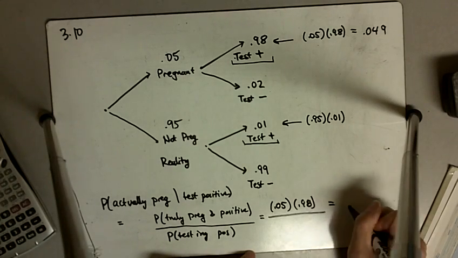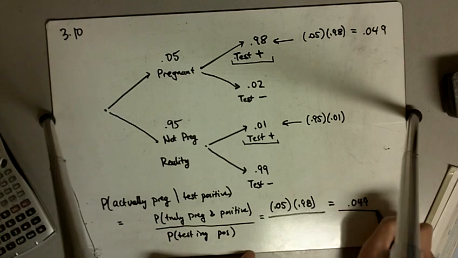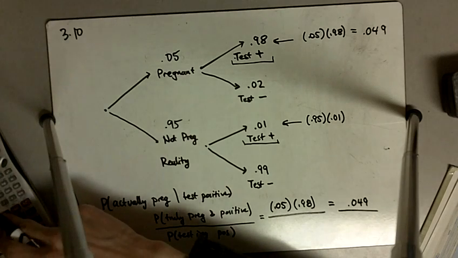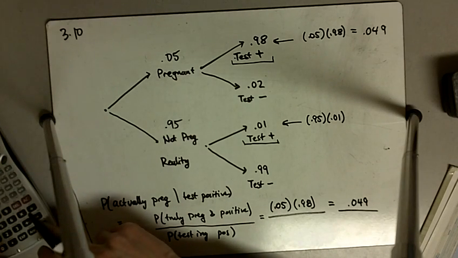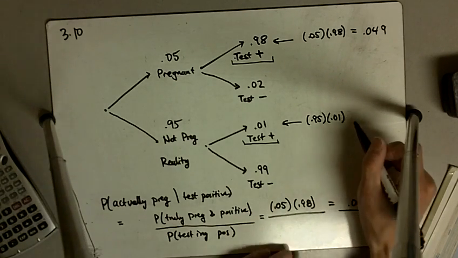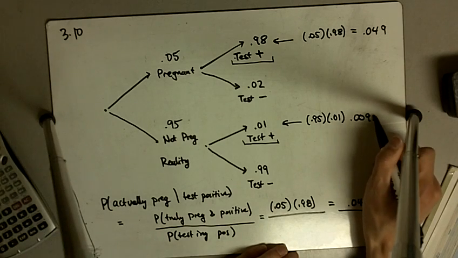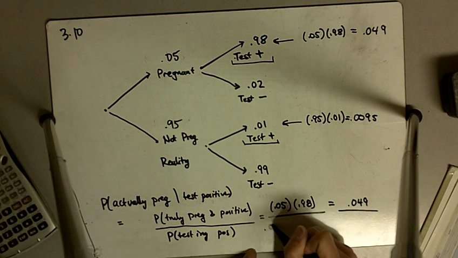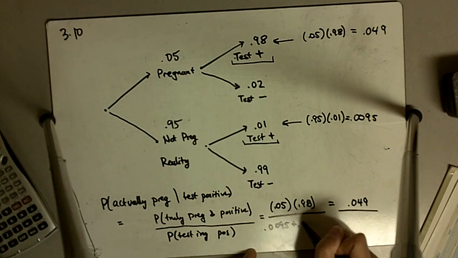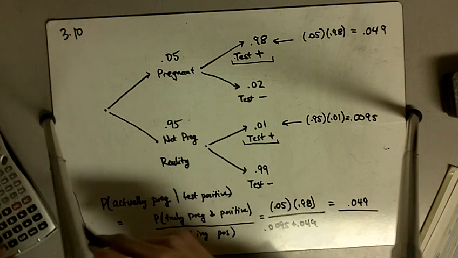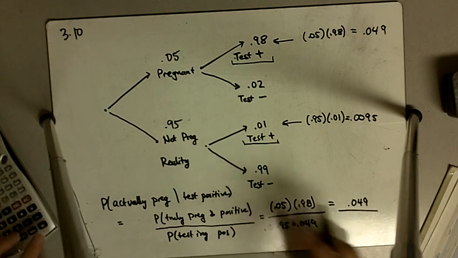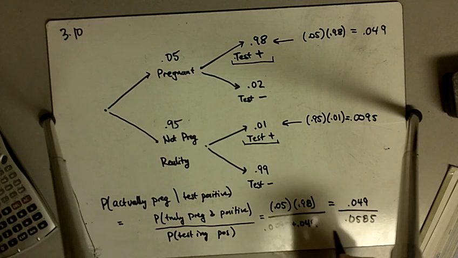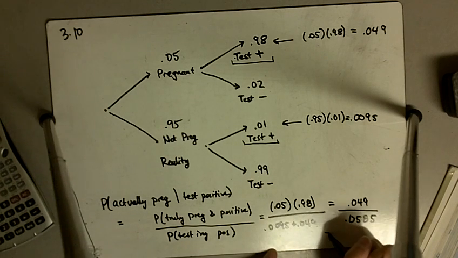Okay, so we can already put that on top, 0.049, and on the bottom we have 0.95 times 0.01, plus, so this is 0.0095 plus 0.049, and that's equal to 0.0585.